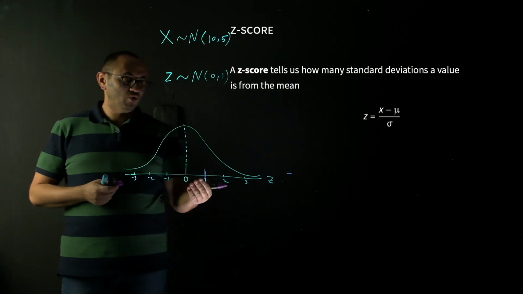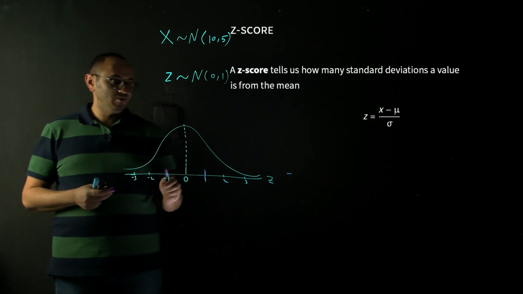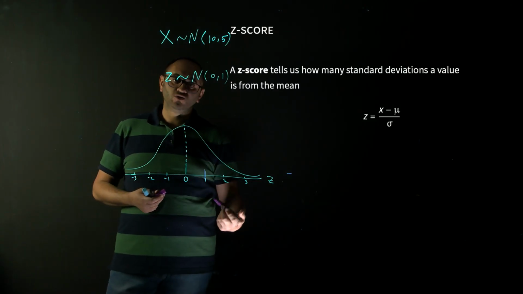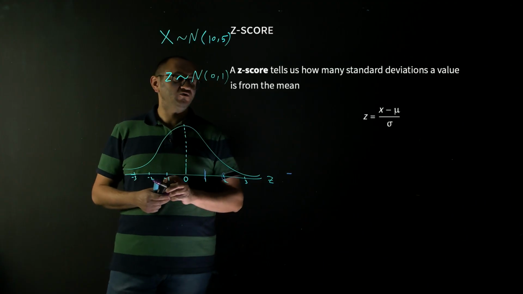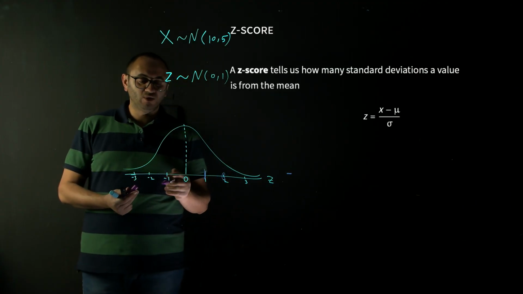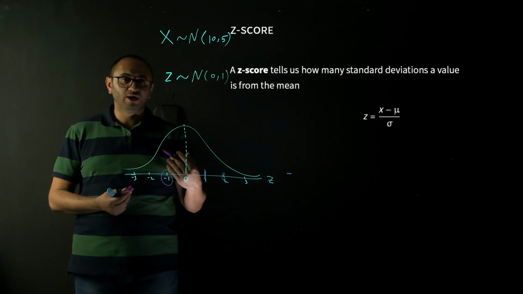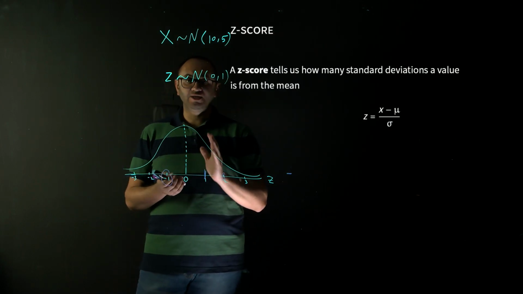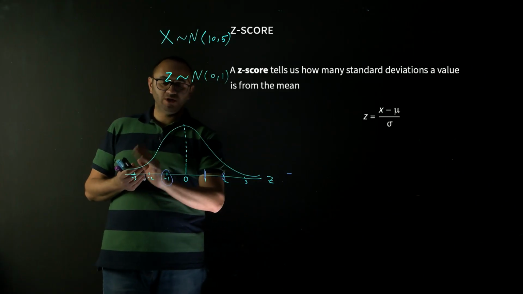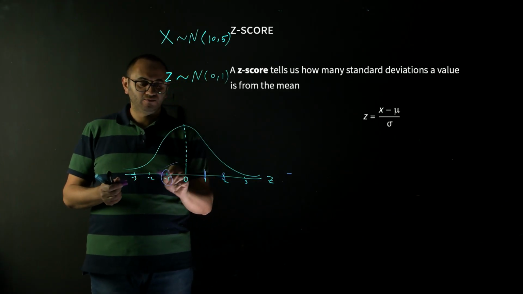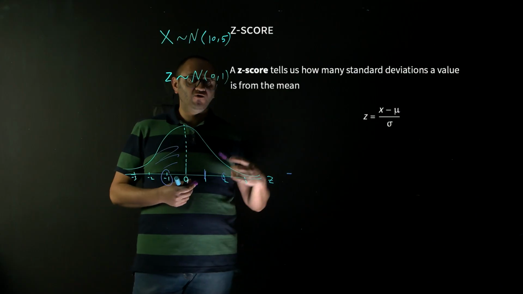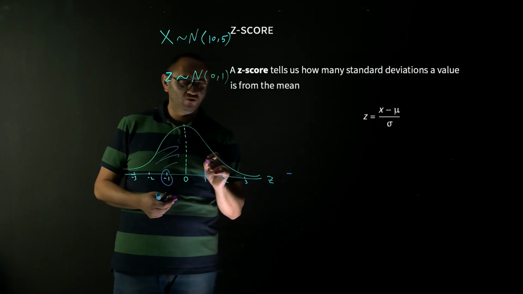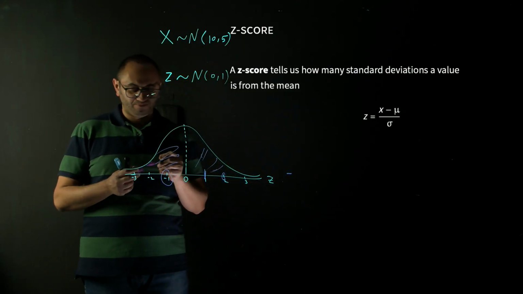We are 1 standard deviation from the mean. Z equals 2 means we are 2 standard deviations from the mean. Z equals -1 means we are 1 standard deviation below the mean. So when Z is negative, this means we are below the mean in this area. When Z is positive, this means we are above the mean, which is this area here.